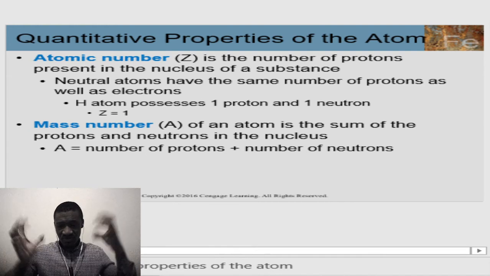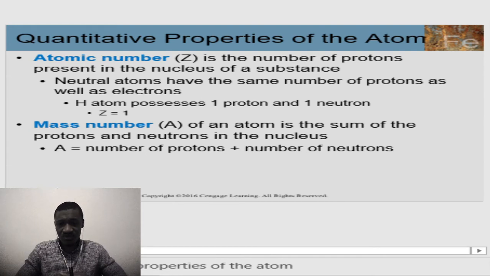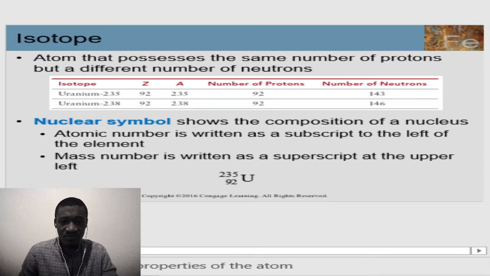So what is weighed is the core, which consists of the protons and the neutrons. And it's very important that you understand that the A is your Z plus the number of neutrons. So if we know that, we now move to the concept of isotope or isotopy.